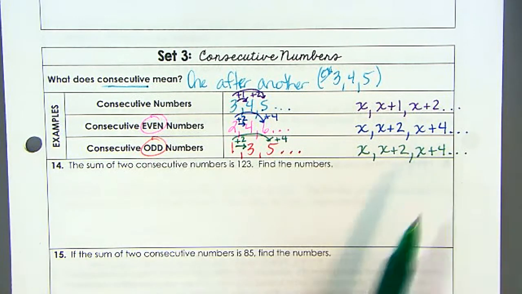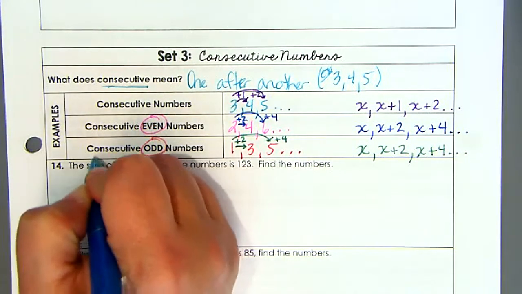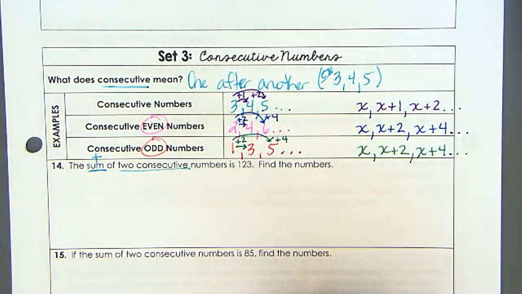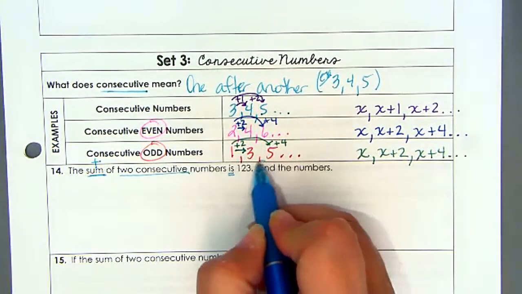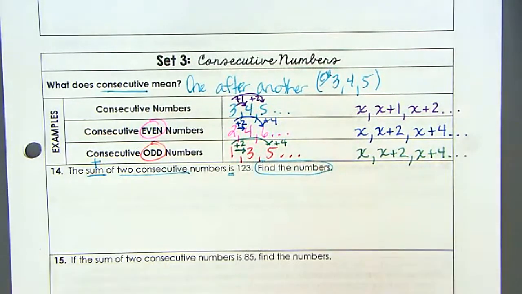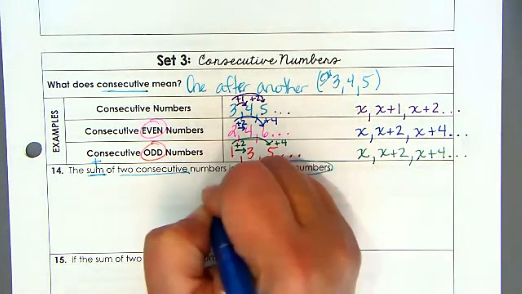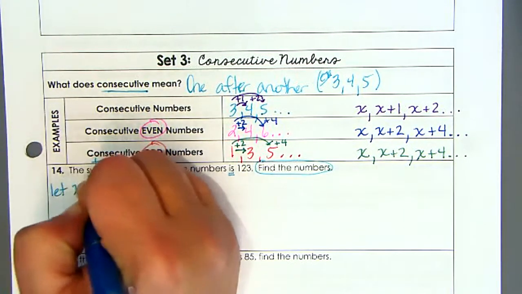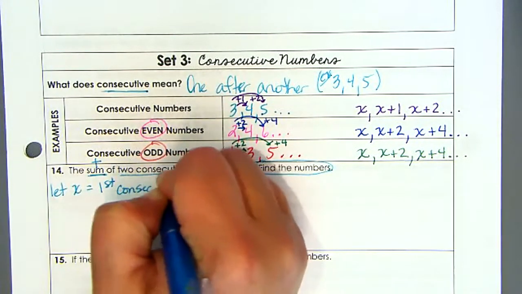All right, let's work some examples here, guys. Looking at 14. It says the sum of, that means I'm adding them together, 2 consecutive integers is 123. Find the numbers. Notice I'm circling what I'm looking for. My game plan here is, let's label our variables first. Let X represent the first consecutive number.